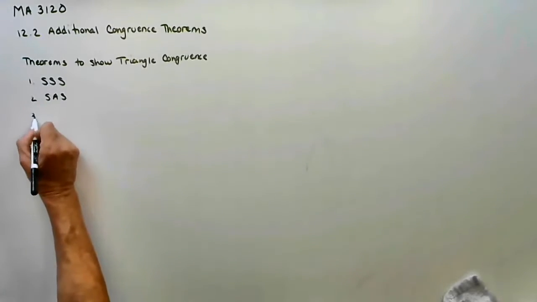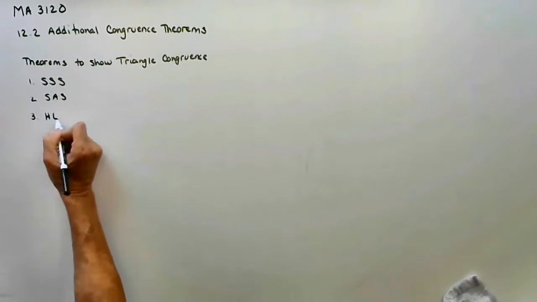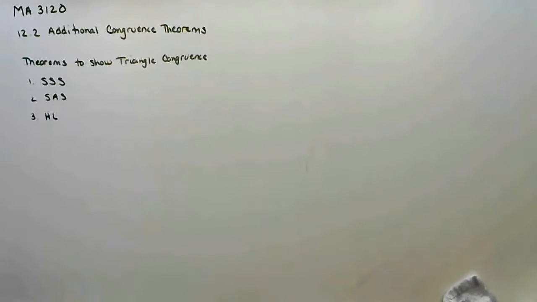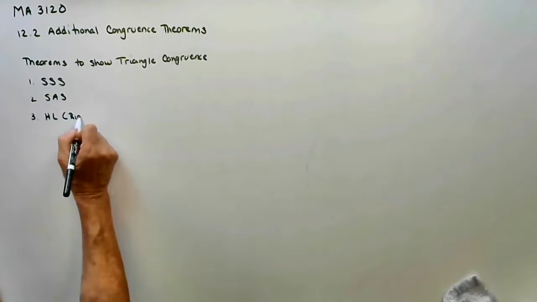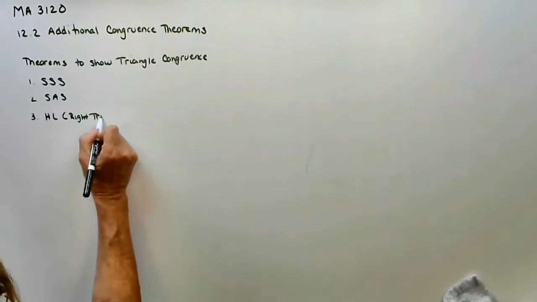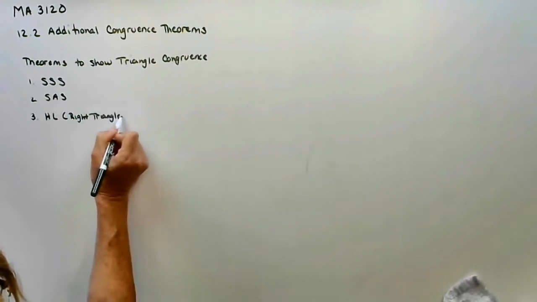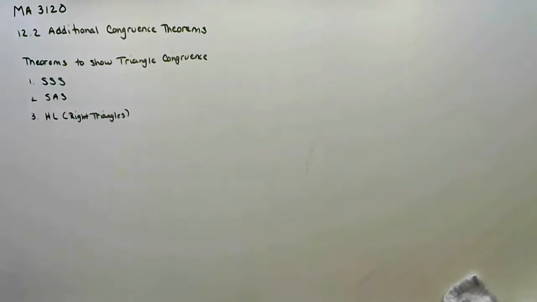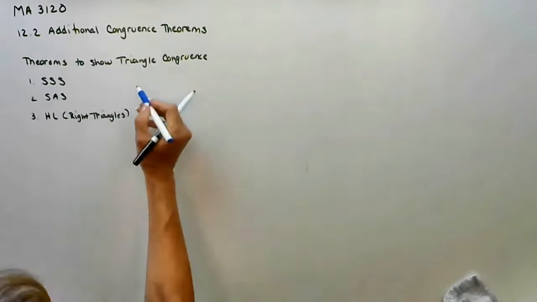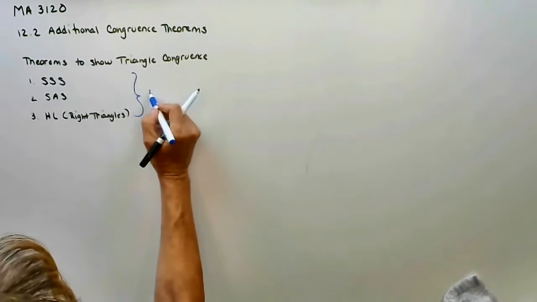And then we had the third one, the hypotenuse leg theorem. Well, since it's got a hypotenuse, this has to be right triangles, because that's the only kind of triangle that has a hypotenuse. So all three of these were covered in section 12.1.